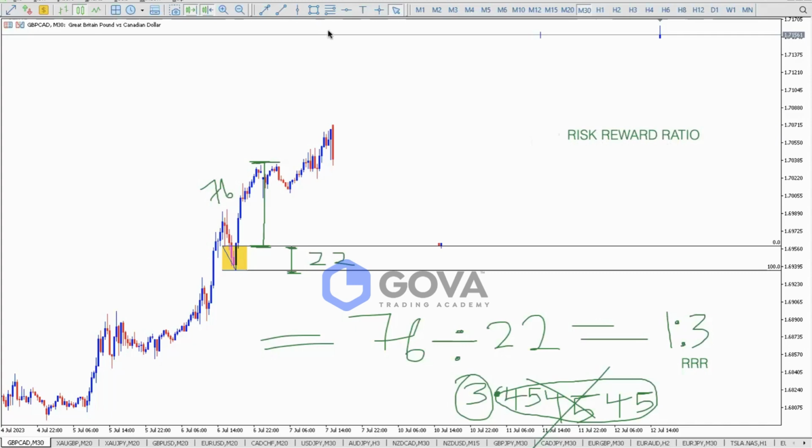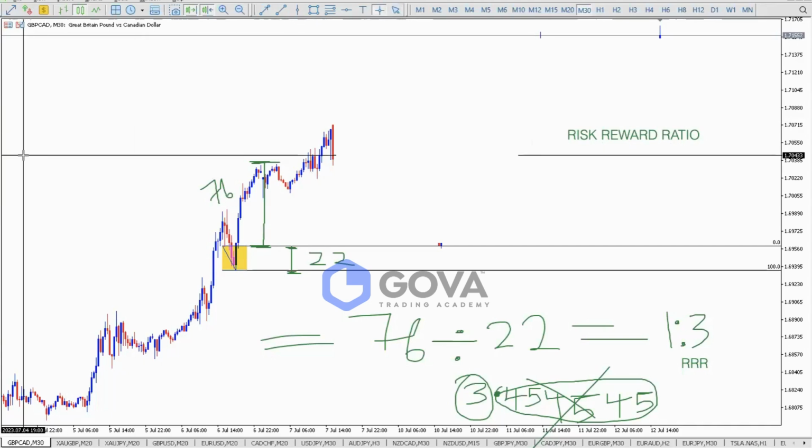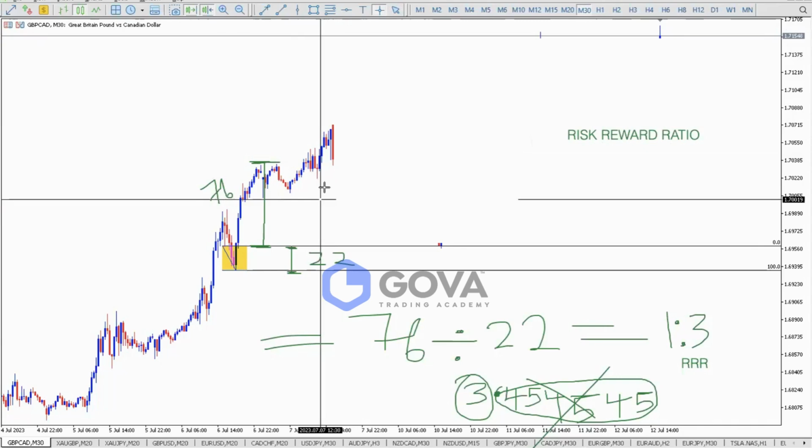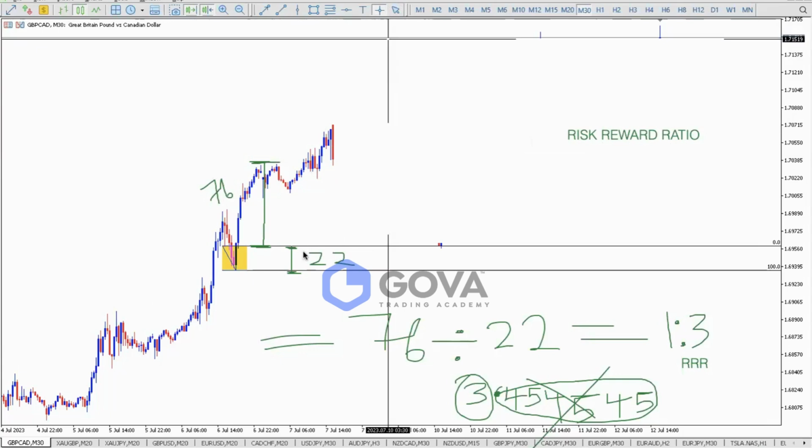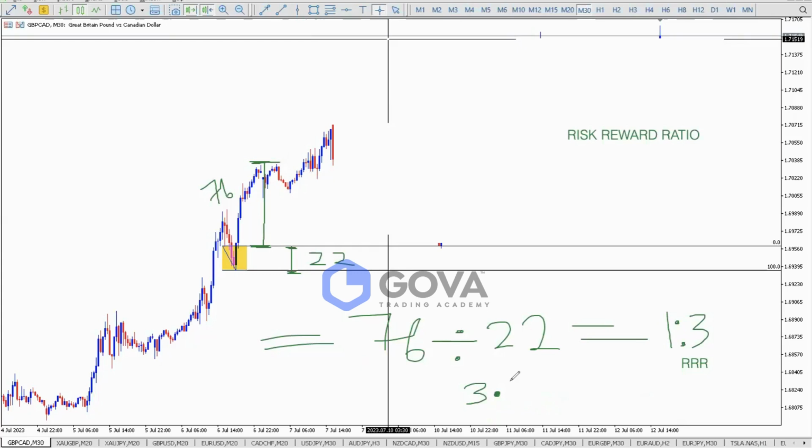Okay, now let's see if there's another example. Hold on, guys. Let me erase this area out. Let us assume what we have, for example, this is just a rough example.